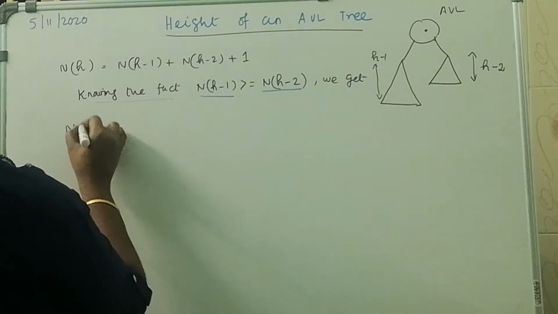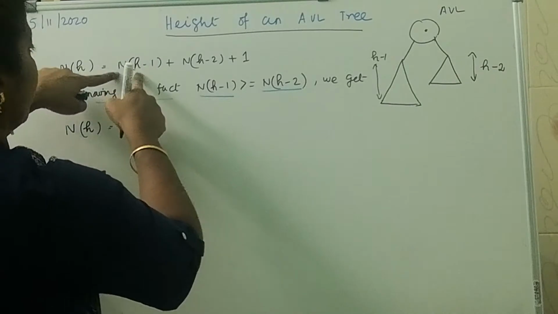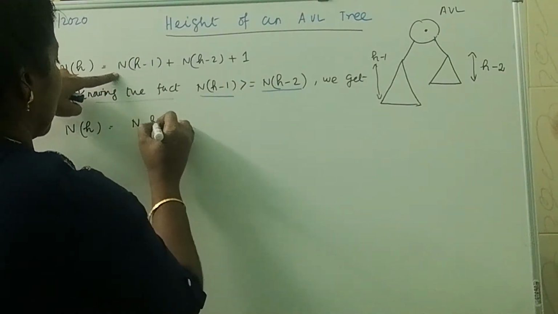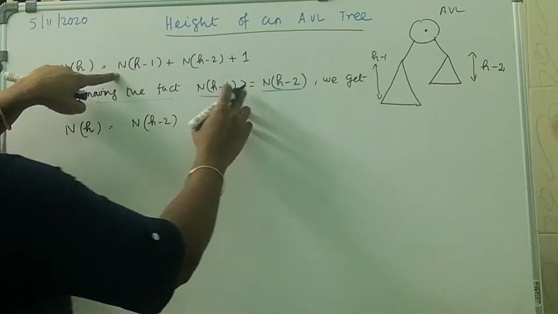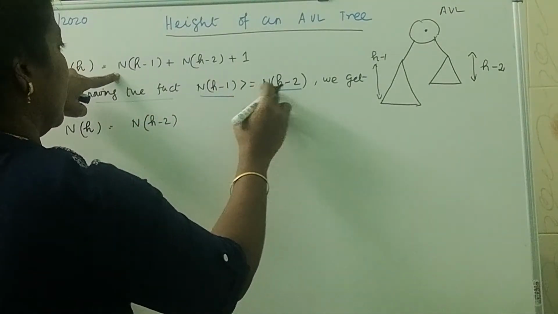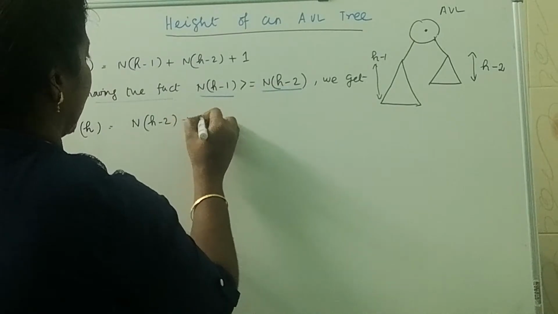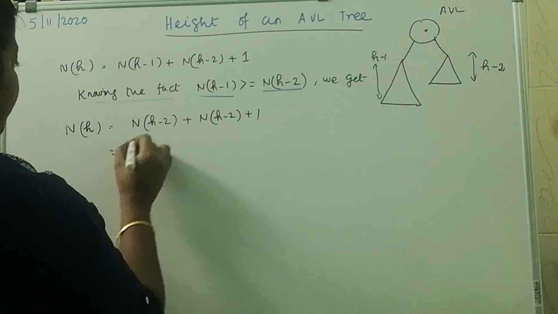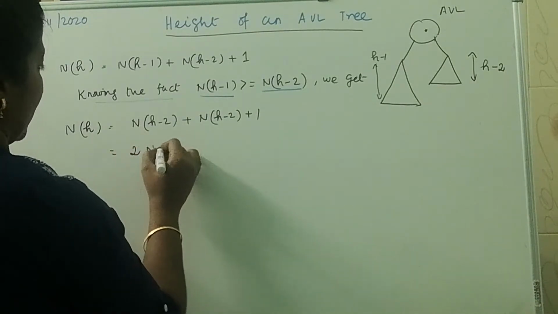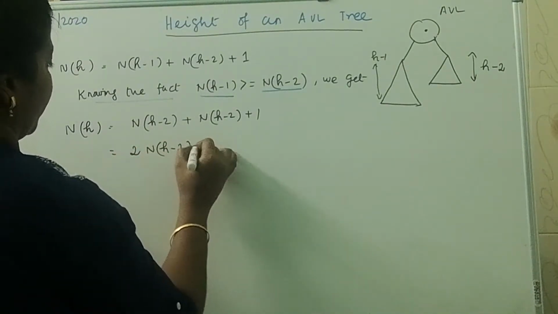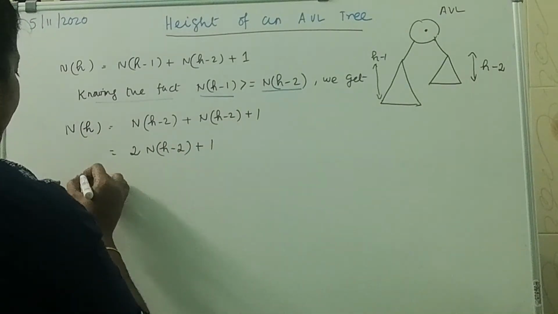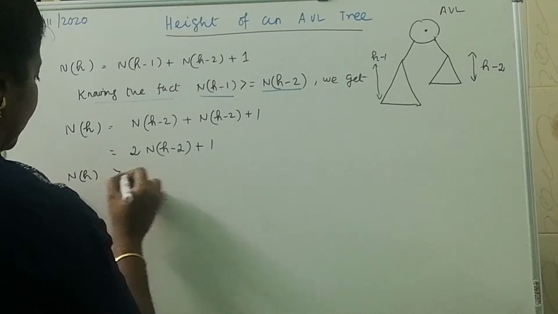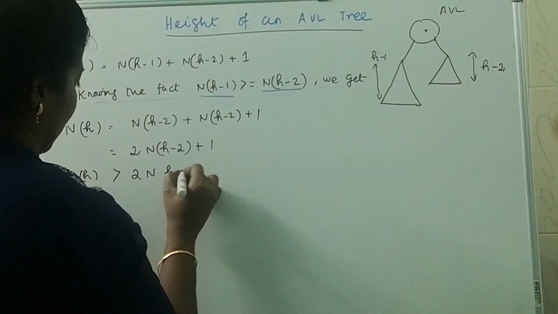So I can write n of h equal to, instead of n of h minus 1, I replace it by n of h minus 2, because it is greater than or equal to n of h minus 2, plus n of h minus 2 plus 1. And from here I can write this is 2n of h minus 2 plus 1, and then we can write that n of h is greater than 2n of h minus 2.